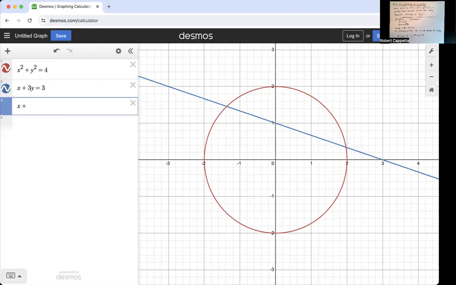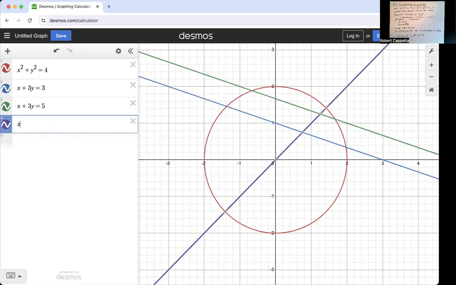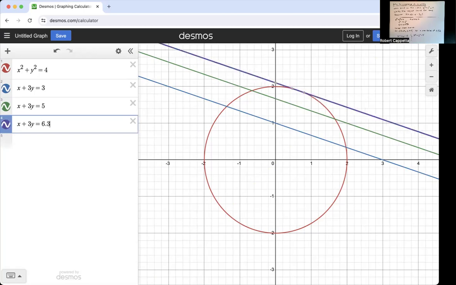Can I do x plus 3y equals 5? Sure, as we saw from our spreadsheet, we think we can get as far as 6.32. So if I go to x plus 3y equals 6.32, how does that look? That looks almost tangent. You can see I have these 2 points here, with an x of somewhere between 0.56 and 0.70. Can we get even a little bit better from our spreadsheet?